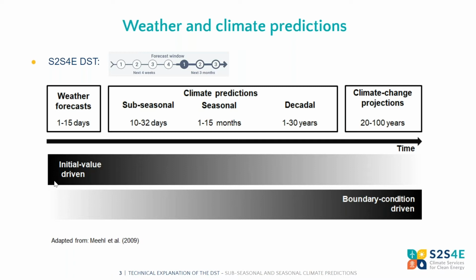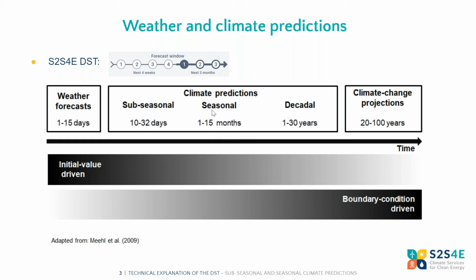This involves sub-seasonal, from 10 days to up to a month typically. Then for the next months is what we call seasonal, and then even decadal for some years. And in the DST, the first 4 weeks would fall in the sub-seasonal range, and the next 3 months would fall in the seasonal range.